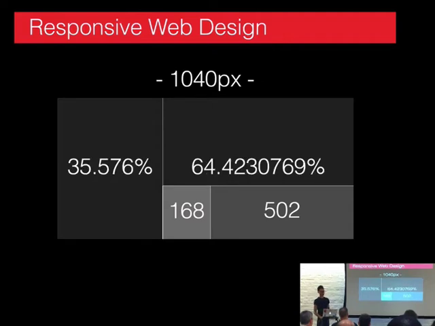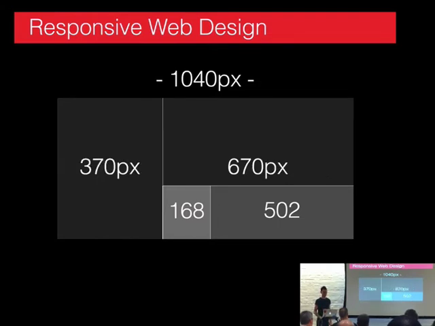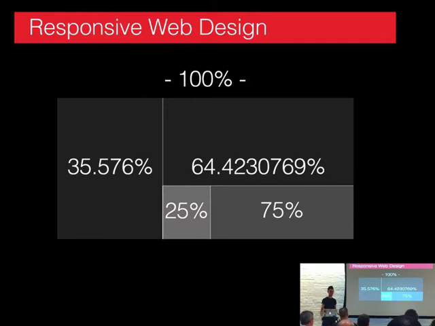I've seen people try to make it way overcomplicated by doing some weird equation between the parent, the grandparent, and that child, and multiplying by that 64% that we got. But it's just looking at the parent width and dividing it out. So if I were actually to divide that 168 by 670, I would get 25% and 75.